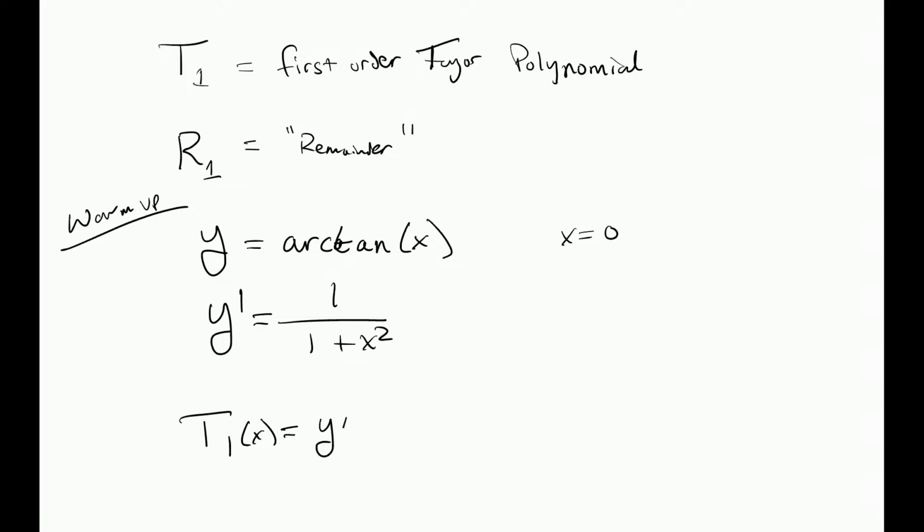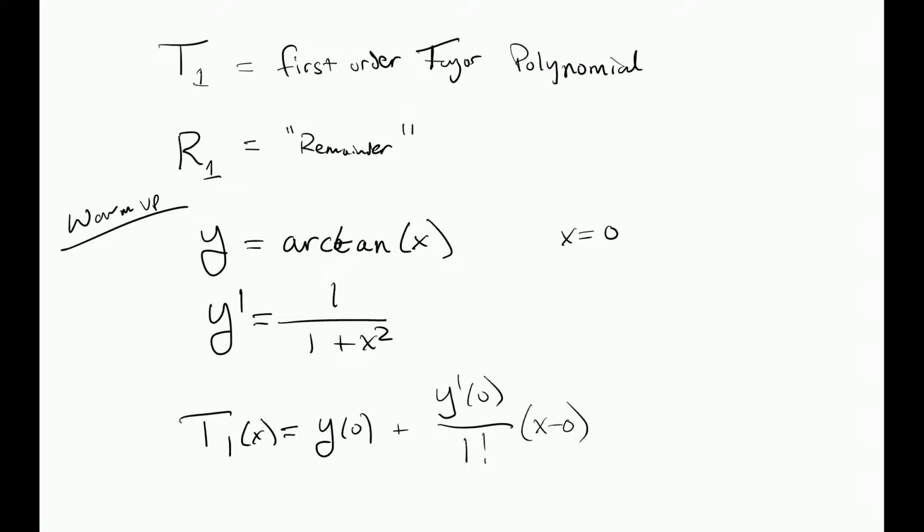So y evaluated at 0, and then we add y prime of 0 over 1 factorial times x minus 0. So that's the first Taylor polynomial. The second Taylor polynomial has an additional term, y double prime of 0 over 2 factorial, but hopefully this is jogging your memory.